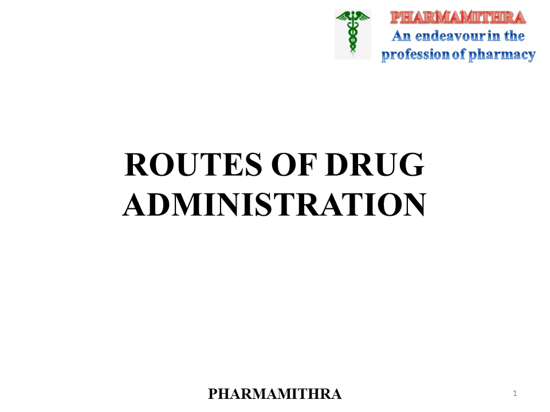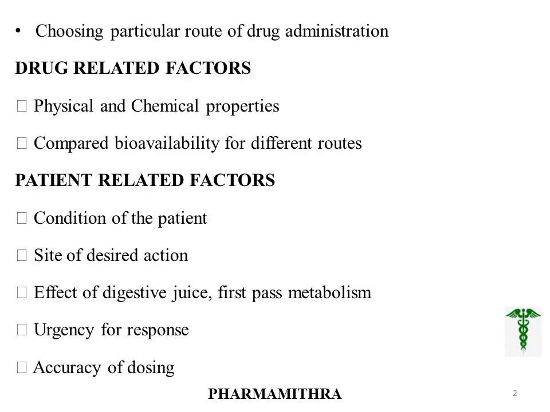Today, we are going to discuss the various routes of drug administration, their advantages and disadvantages. First of all, what is the route of drug administration? As the word meaning goes, a route is the way taken into the body from a starting point to the destination.